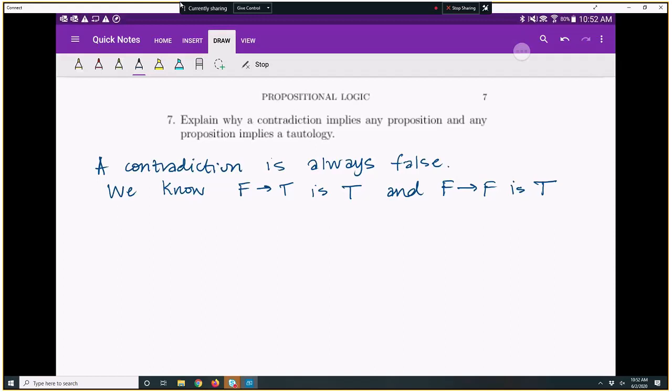So if we have a contradiction and all of its truth values are false, then a contradiction implying any proposition will be true. Hence, a contradiction implies any proposition.